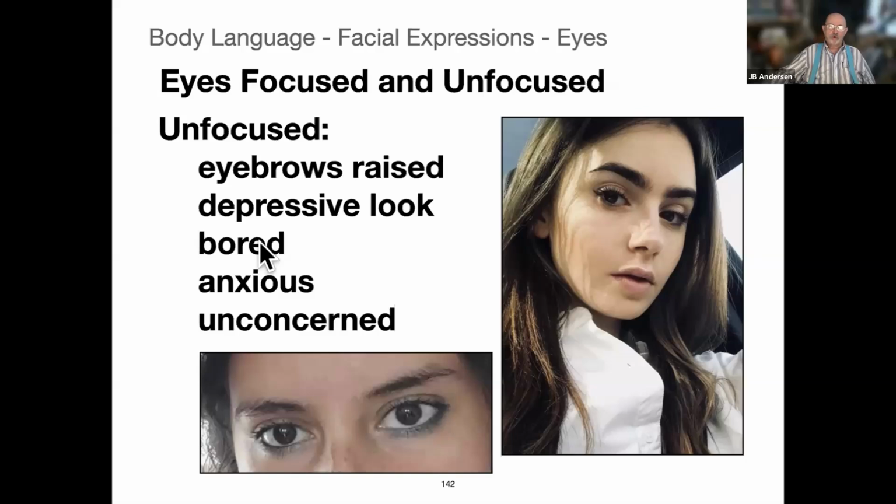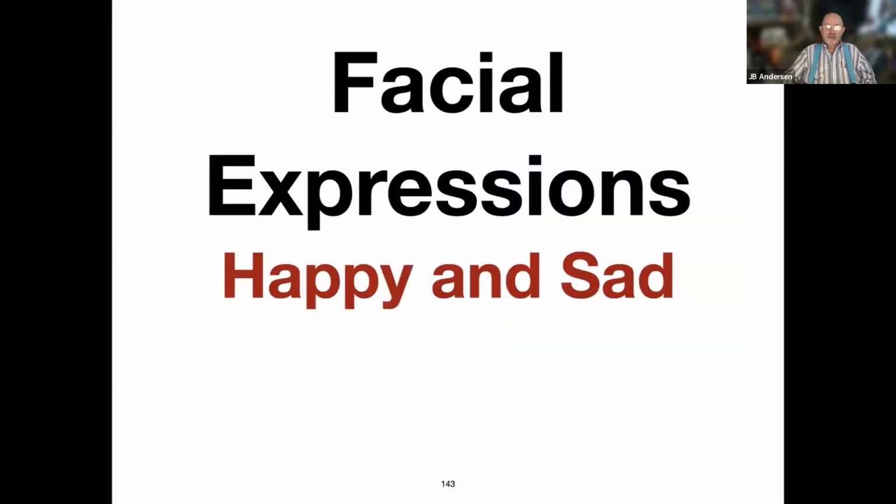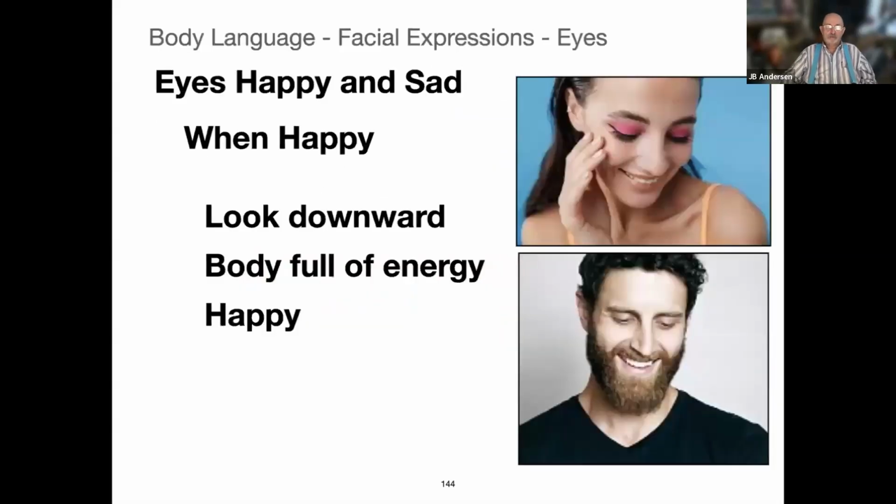You can look bored, anxious or unconcerned. Here it's hard to tell what's going on with this woman. So unfocused, you feel like somebody's looking at you, but they're looking beyond you. Happy and sad eyes. When you're happy, you generally tend to look downward.